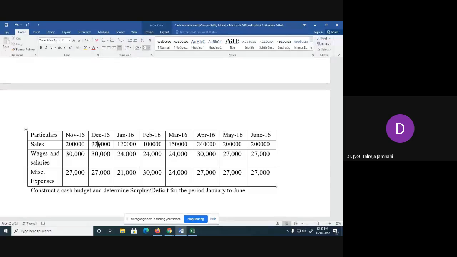Agree? You will never sell the goods cost to cost. I bought a pen for 10 rupees, I sold it for 10 rupees. Then what is the use of selling? So if I buy a pen for 10 rupees, I will sell it for 12 rupees. So my sales will be 12 and purchases will be 10. So I cannot take sales as purchases value. I need to find the purchases value.